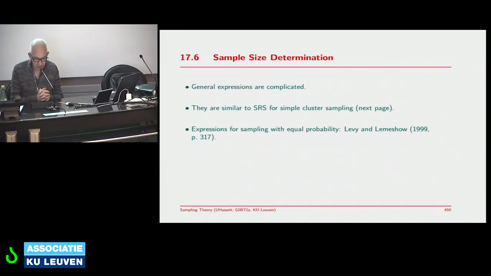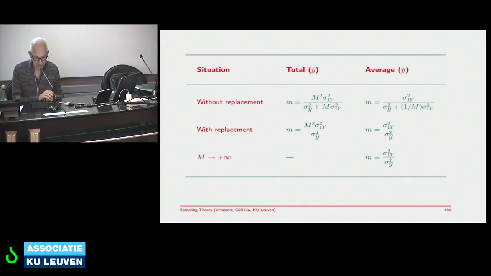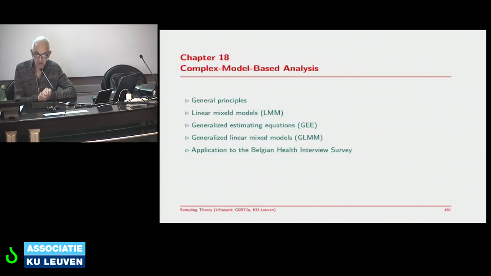Here, we really should say we rely on statistical software, on dedicated design software for survey methodology to do the calculations for us. So here are a few situations, the number of primary sampling units. If you have sampling in a self-weighted fashion, the number of primary sampling units that you would select for a total, for an average, and so on.